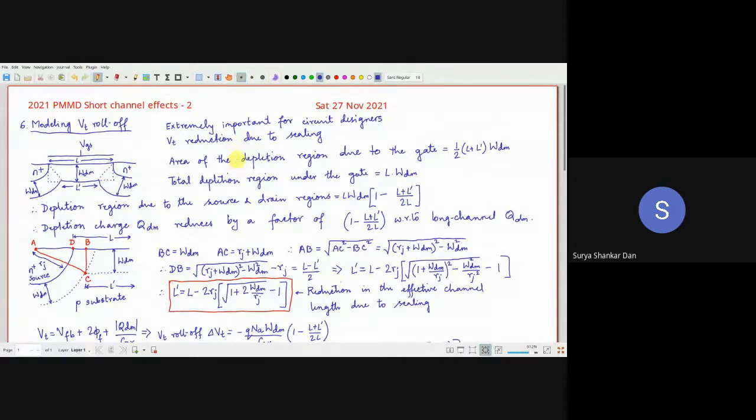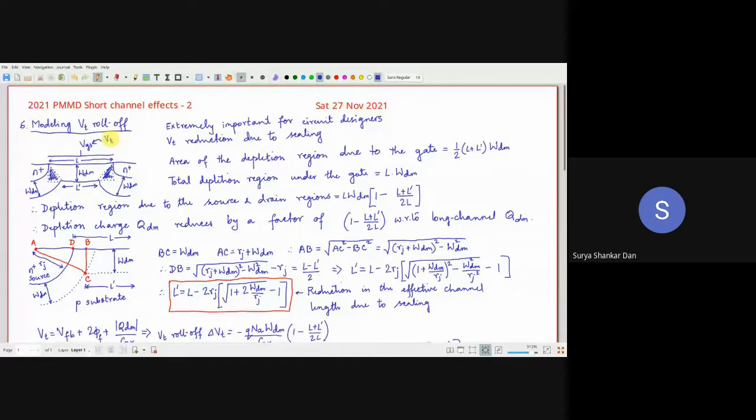Why is it related to the VT roll-off? Understand that if this part of the depletion region is due to the source and drain voltages, that means VT is defined for VGS over here.